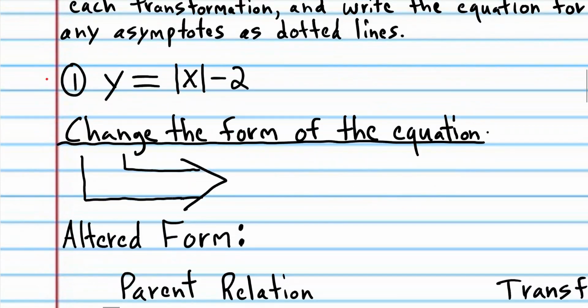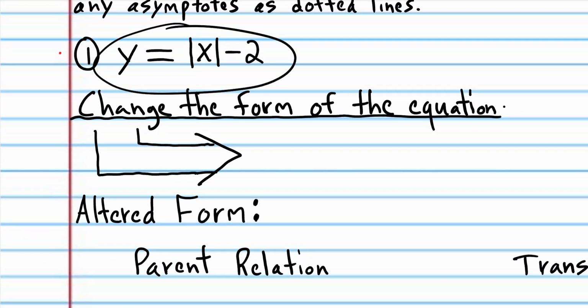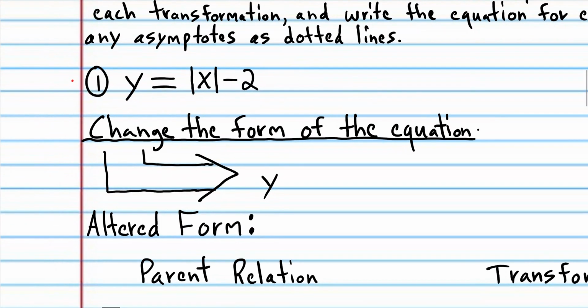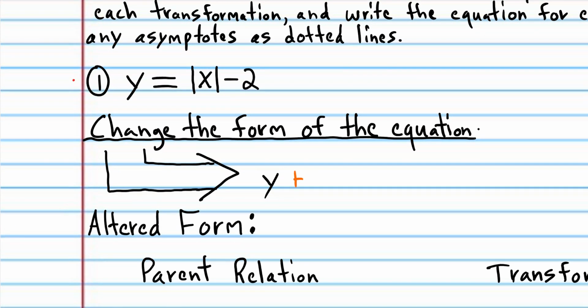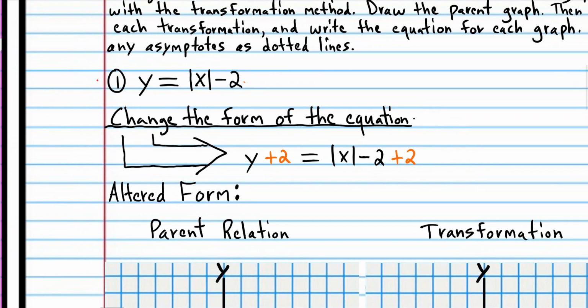So we need to alter the form of this equation. What I'm going to do is add 2 to both sides of that equation. And that's going to put the 2 on the other side of the equation, because these 2's are going to cancel out, and we get y plus 2 is equal to the absolute value of x.